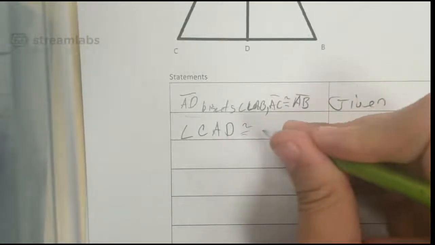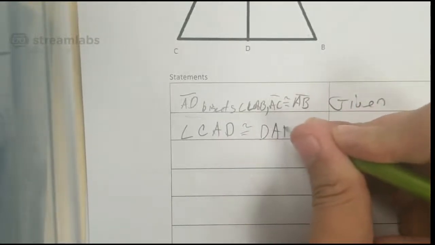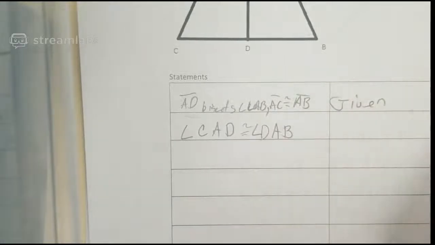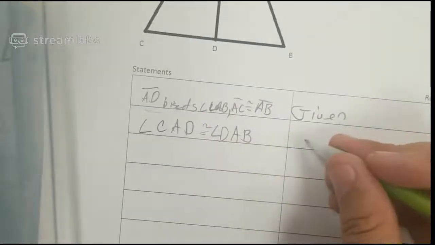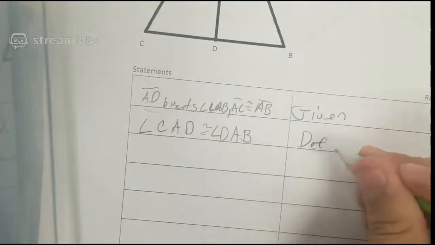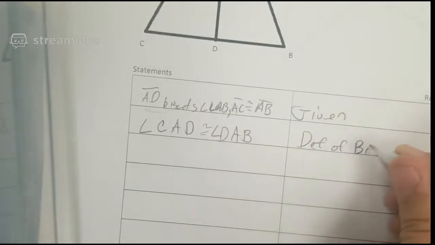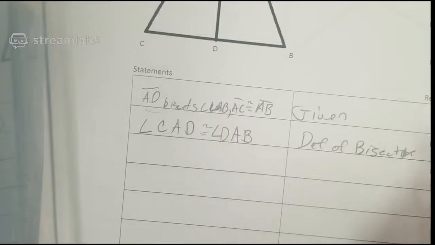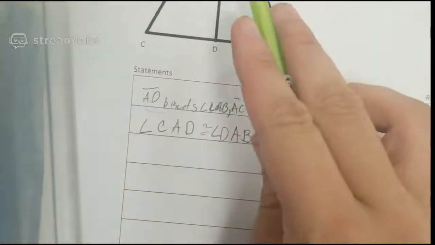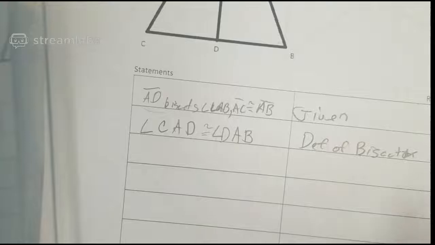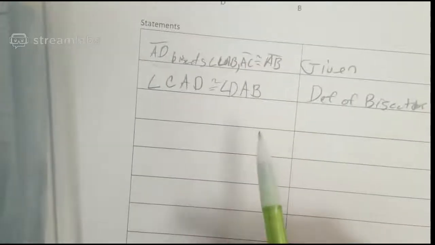And this is because of the definition of angle bisector. Not midpoint, as many people said. This is not a midpoint. It's actually wrong if you say definition of midpoint, because this is the angle, not the midpoint. All right, so next one.